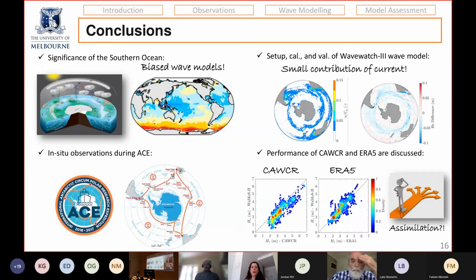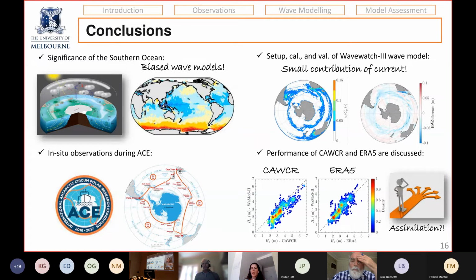Again, the Antarctic circumnavigation expedition that has provided us in situ observations in the region is very valuable for studying waves here. And that's what we did with setting up a WAVEWATCH wave model based on our observations and looking at the results. One of the outcomes of it was to know that we should not expect much from current to contribute in reducing our prediction biases in the region.